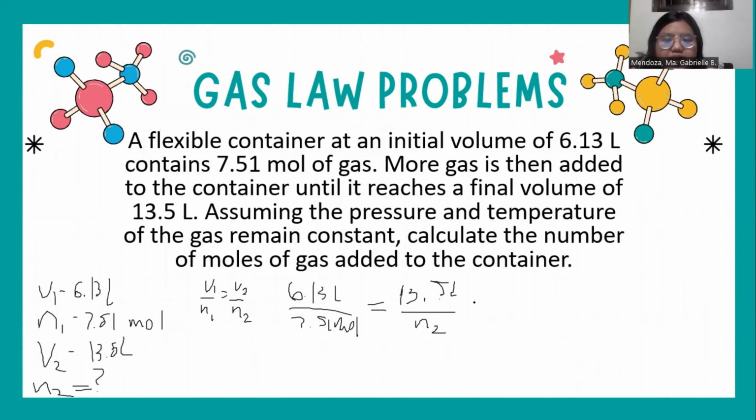So, ang gagawin dyan, simply cross-multiply. So, that would be 6.13 liters multiply by N2 equals 13.5 liters multiply by 7.51 moles.